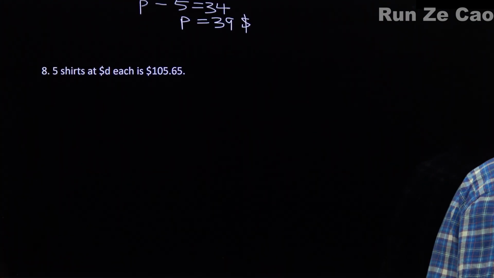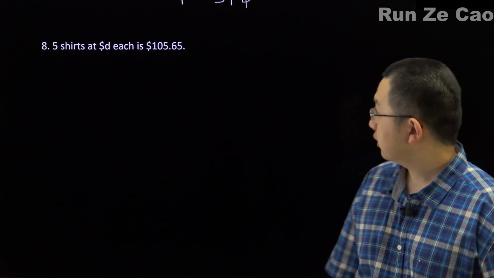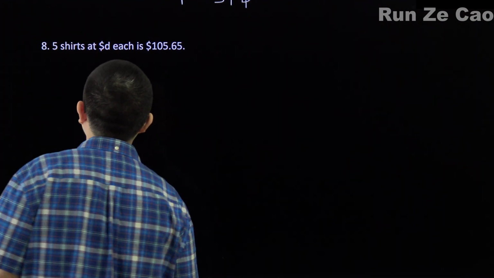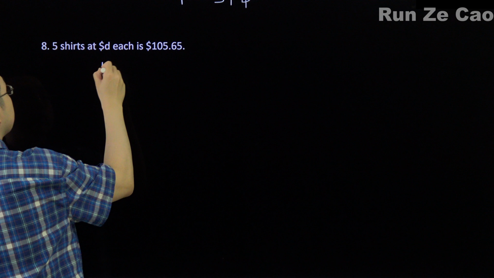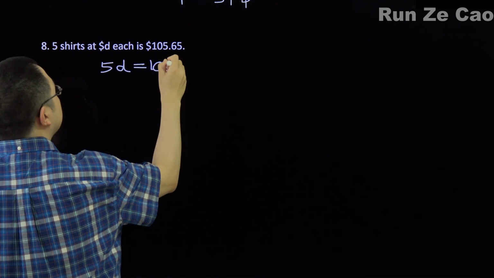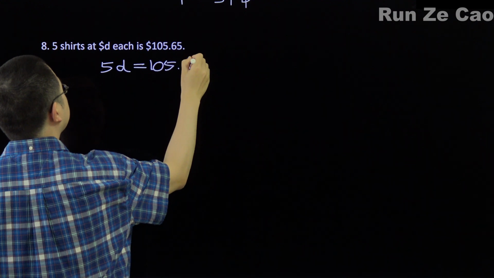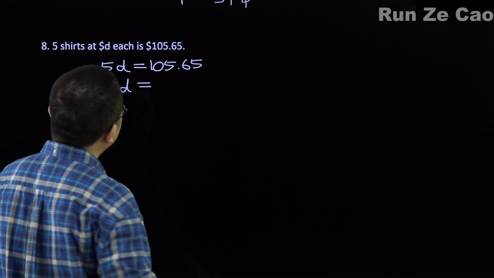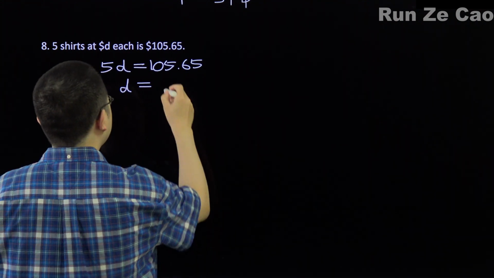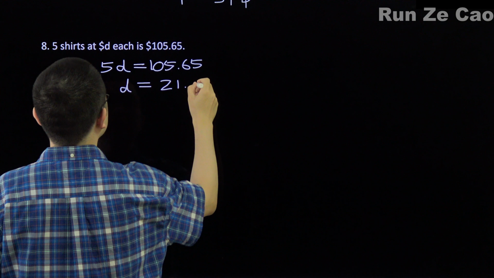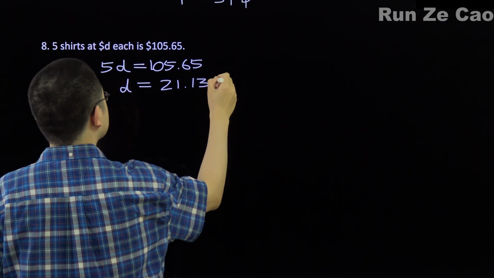5 shirts sold at D dollars each is $105.65. So 5D is equal to 105.65. D is equal to 105.65 divided by 5. That leaves us with 1.13.